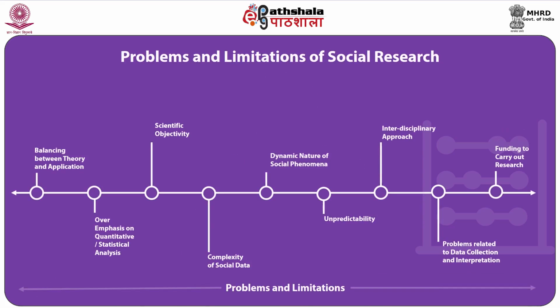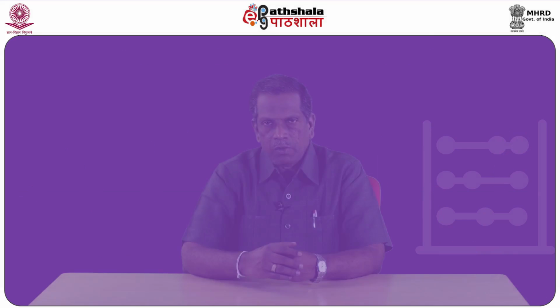And the fourth one is complexity of social data. Most social problems, social events and human behavior are complex to understand, and therefore, it is often very difficult to study all the factors that are likely to be relevant to the phenomenon under study.